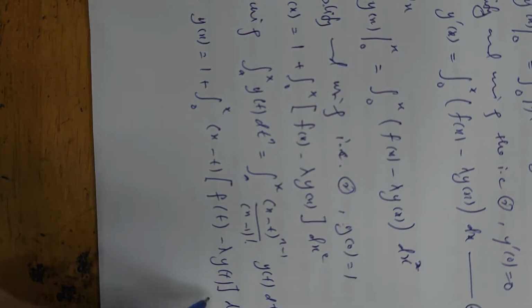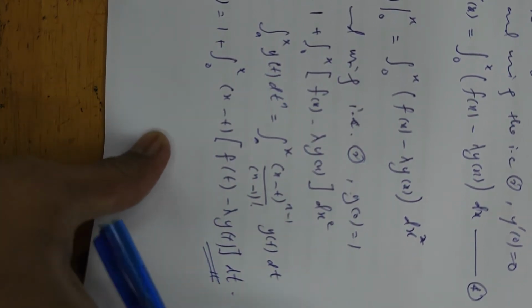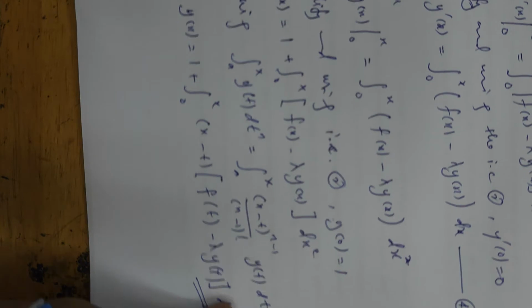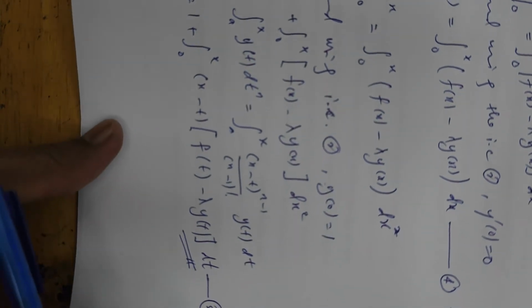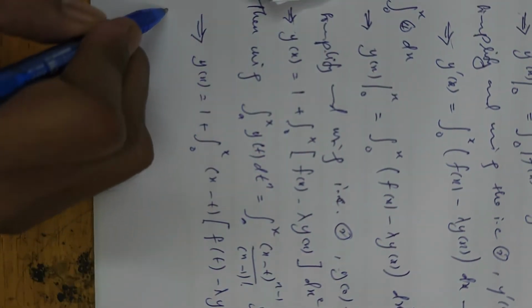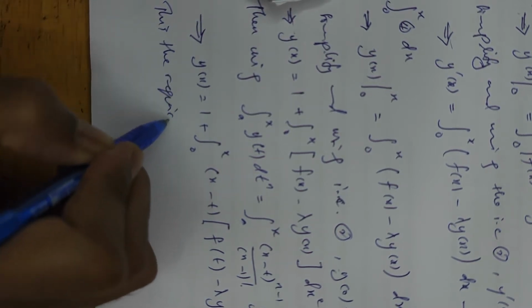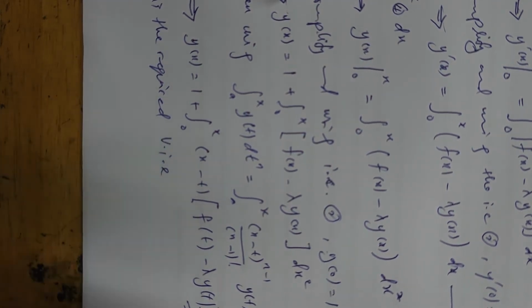So this is the integral equation that we're looking for. We converted from the given initial value problem, equation number 1, and obtained this. Let's call this equation number 5. This is the required Volterra integral equation of the second kind.